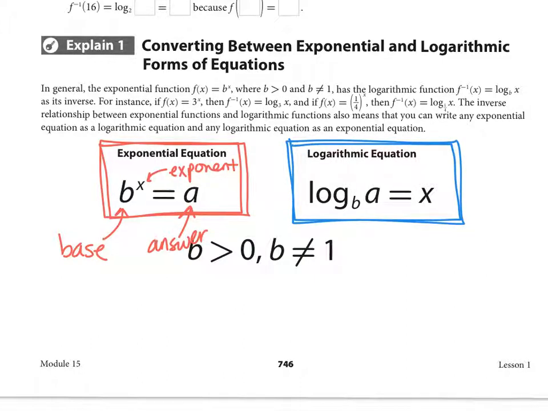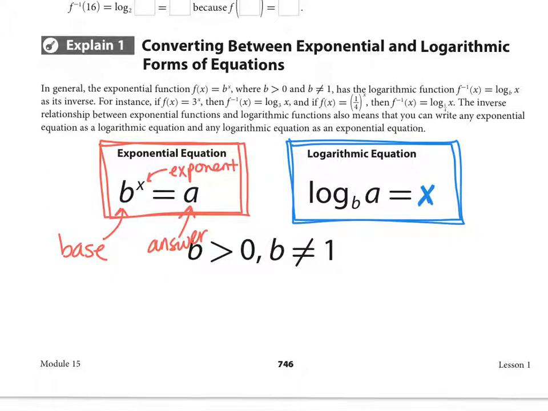So logarithmic form says that the log with base b, so that's a little b, of the answer equals x. So notice this is how you get x by itself, is by taking the log, because there's no other way to solve for x other than to take a log to get x by itself.